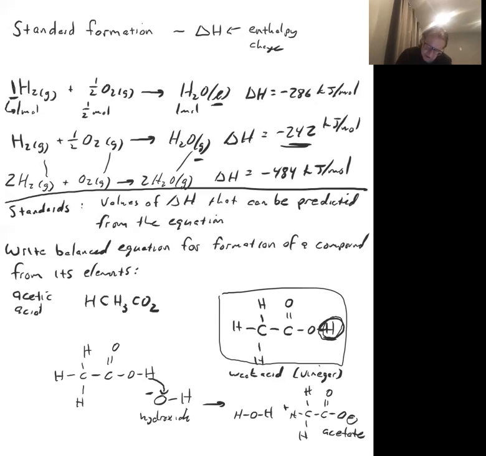So what we want to do in this type of exercise is write the chemical equation for the formation of the acetic acid. And all we're going to start off with is the chemical formula of the compound.